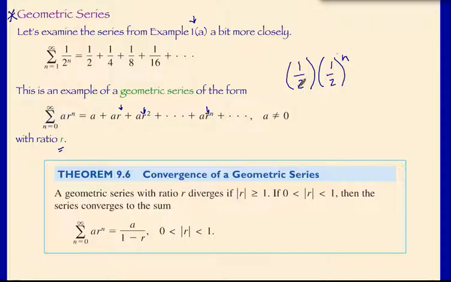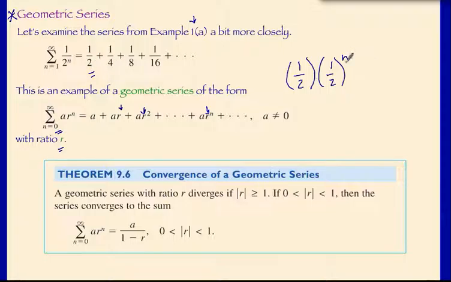Now the reason why this works is because look at the first term, it's 1/2. But in this general form, n starts with 0. So if n is 0 for the first term, then of course 1/2 to the 0 power is 1. 1 times 1/2 gives us 1/2.